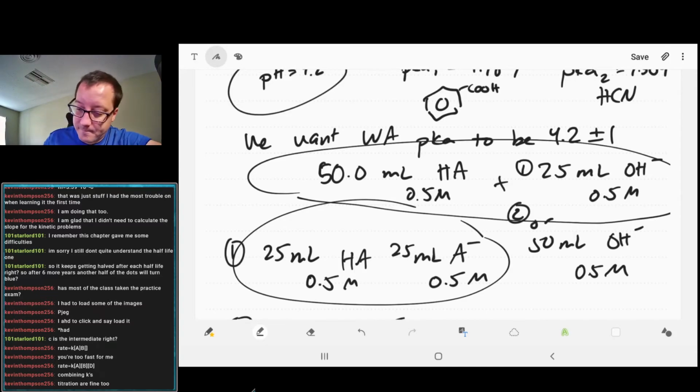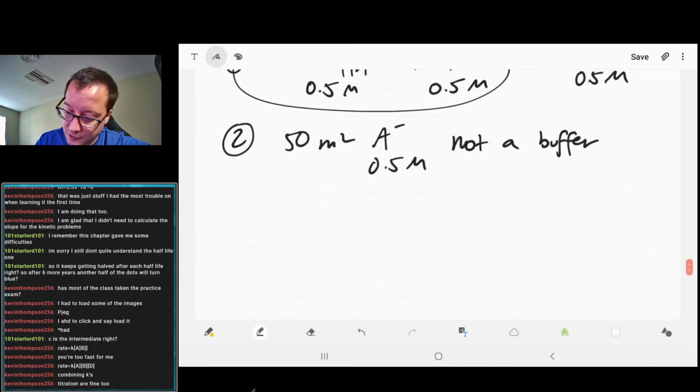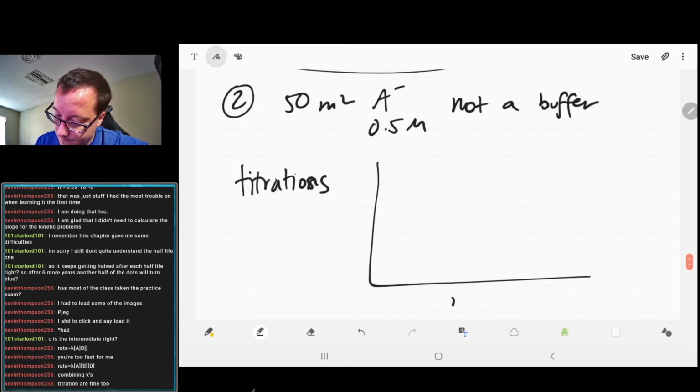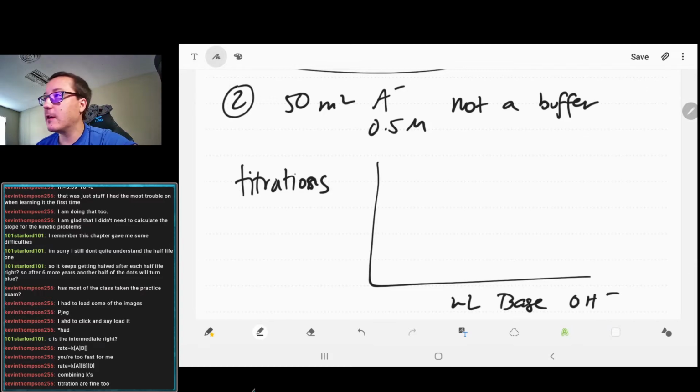Okay. So, titration review. Typically, let's do strong base titration. So let's look at the two options we have.